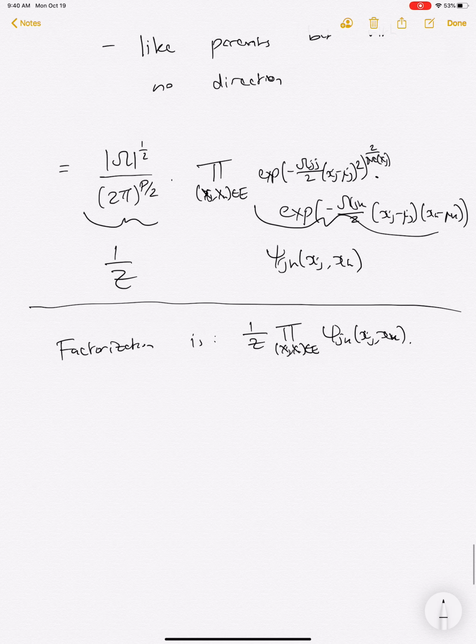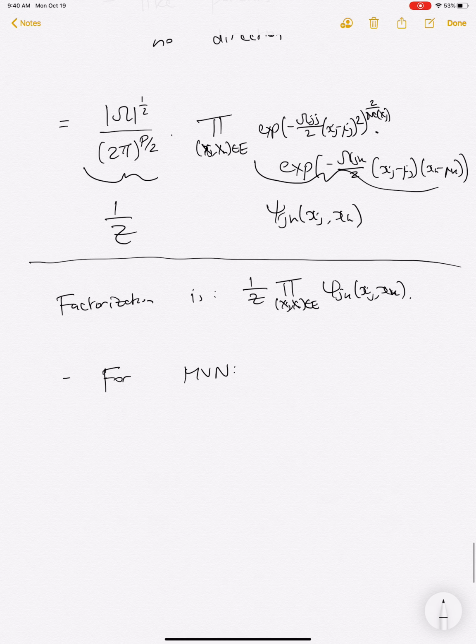And the other thing that we note here is that for the multivariate normals, we have psi jk of xj, xk. So this normalization here is something that doesn't have an x in it, and it makes sure that the whole integral is just 1.